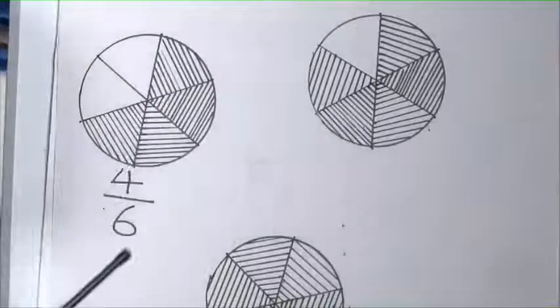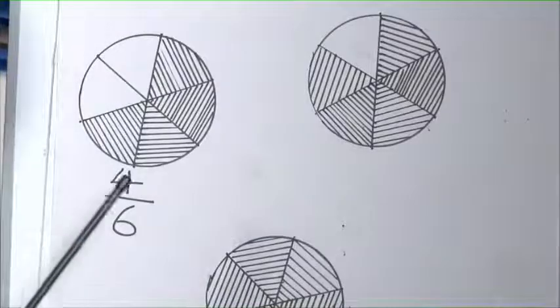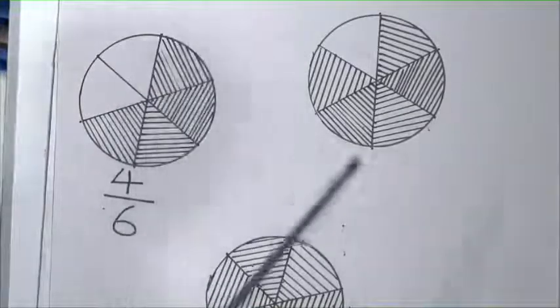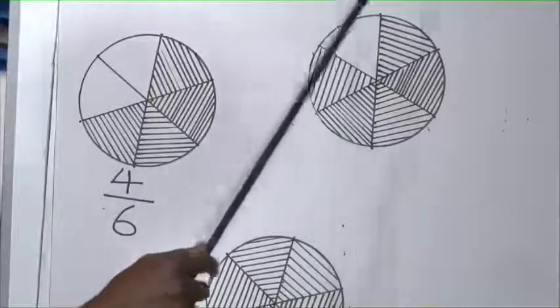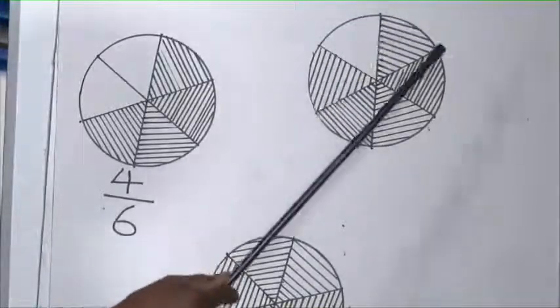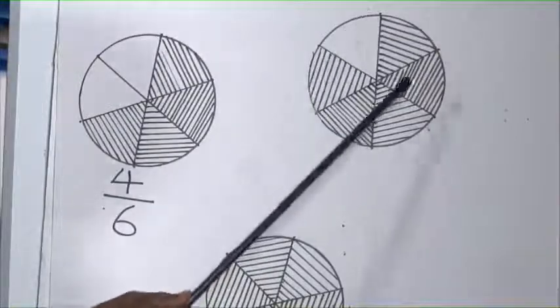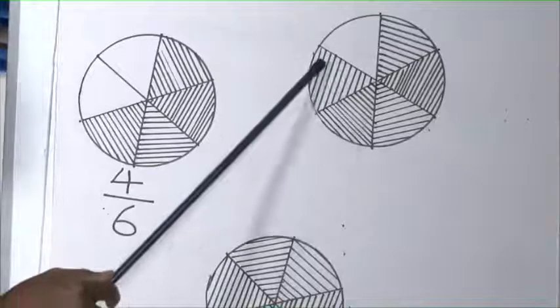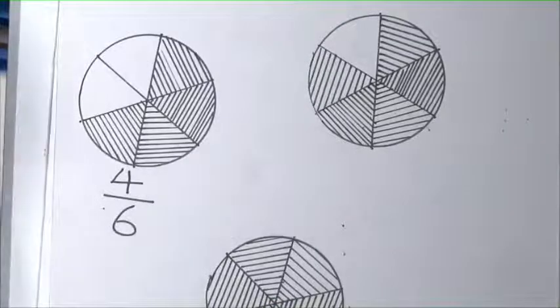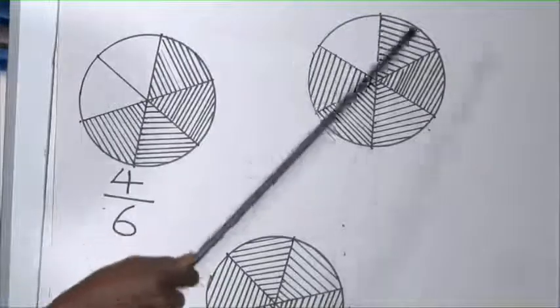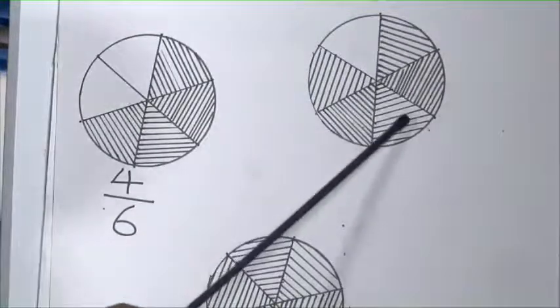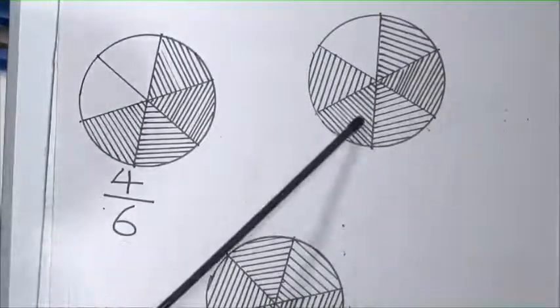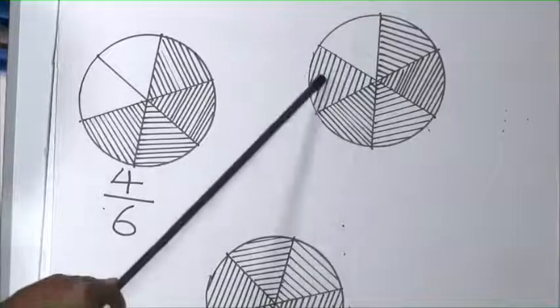Another circle. How many parts do we have in it? 1, 2, 3, 4, 5, and 6. Again, how many parts have been shaded? Let us count. 1, 2, 3, 4, 5.